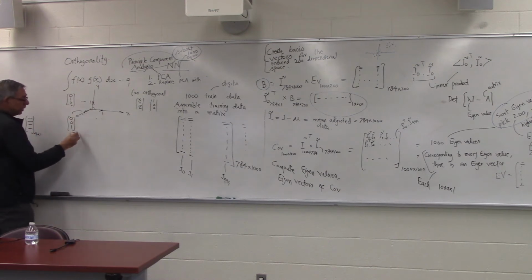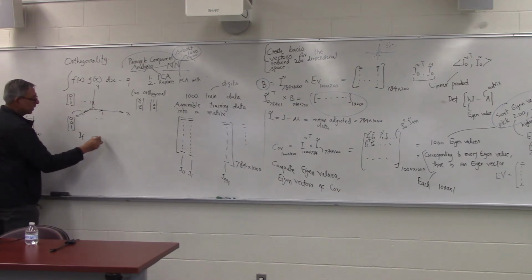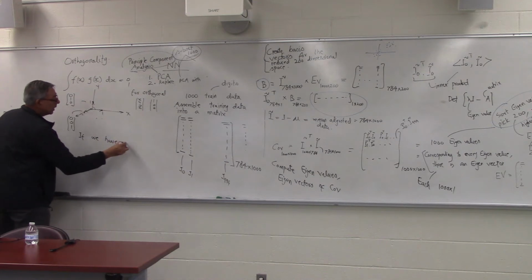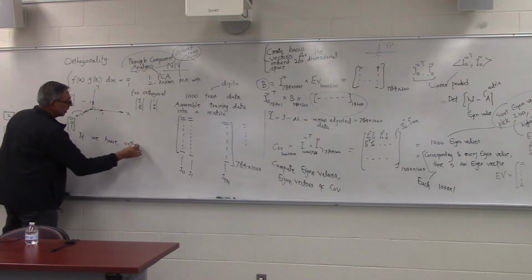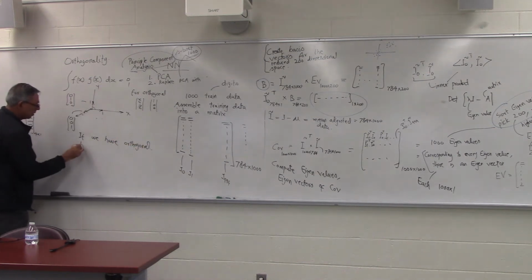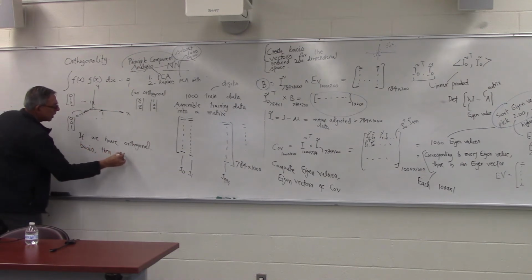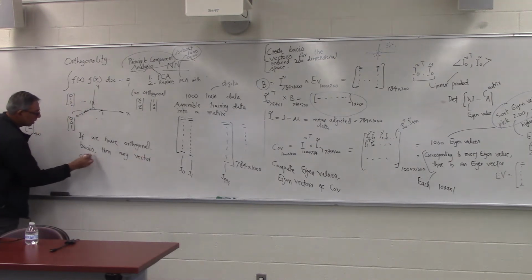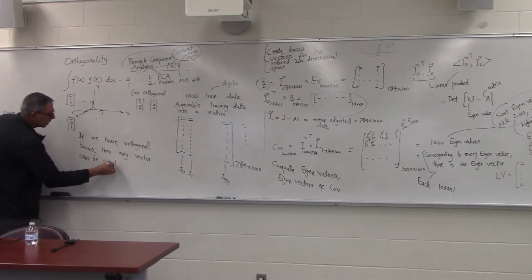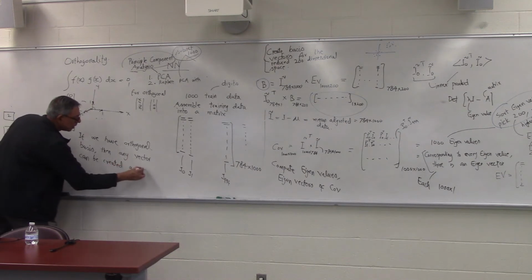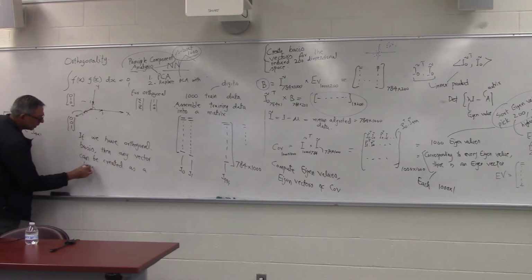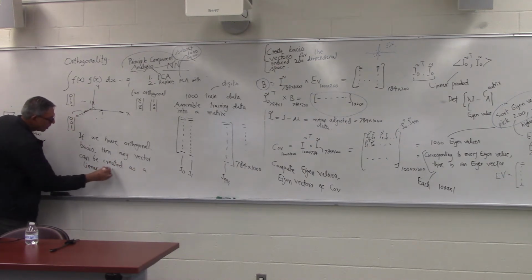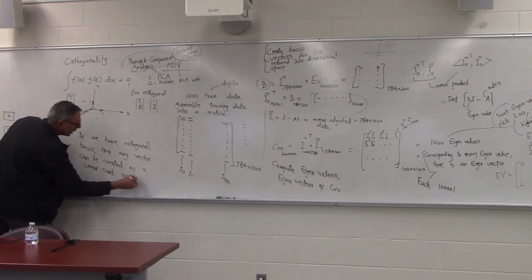If we have basis vectors, and especially the orthogonal basis, then any vector can be created as a linear combination of basis vectors.